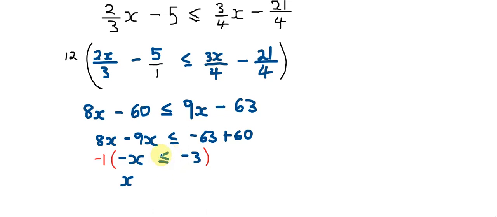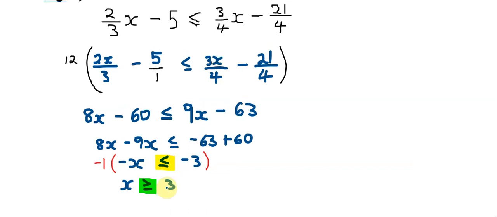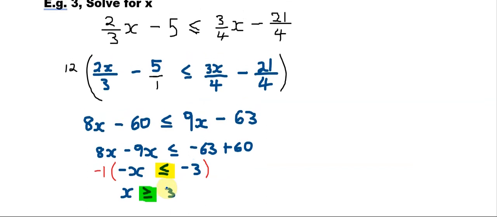Even the inequality sign, the sense will be changed to become a greater than or equal to. All right, and let me just highlight it so that you can always remember to flip the inequality sign. And also negative 1 times negative 3 will result in a positive 3. So there you go, that's your solution for this question.